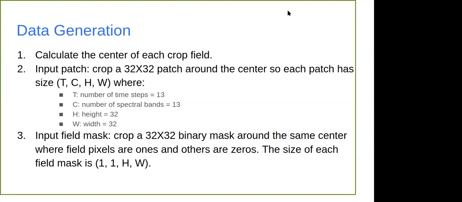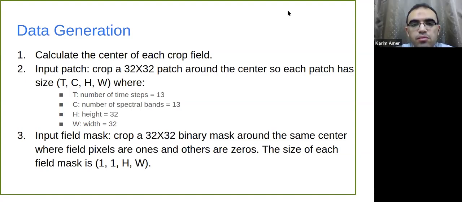If I understand you well, this 32 by 32 is able to cover the major part of the crop field if it is large, so it will take most of the information from the field. And if it is small, like you mentioned, sometimes only 4 pixels, then the 32 by 32 will cover everything, including some fields around it, so you don't lose much information.